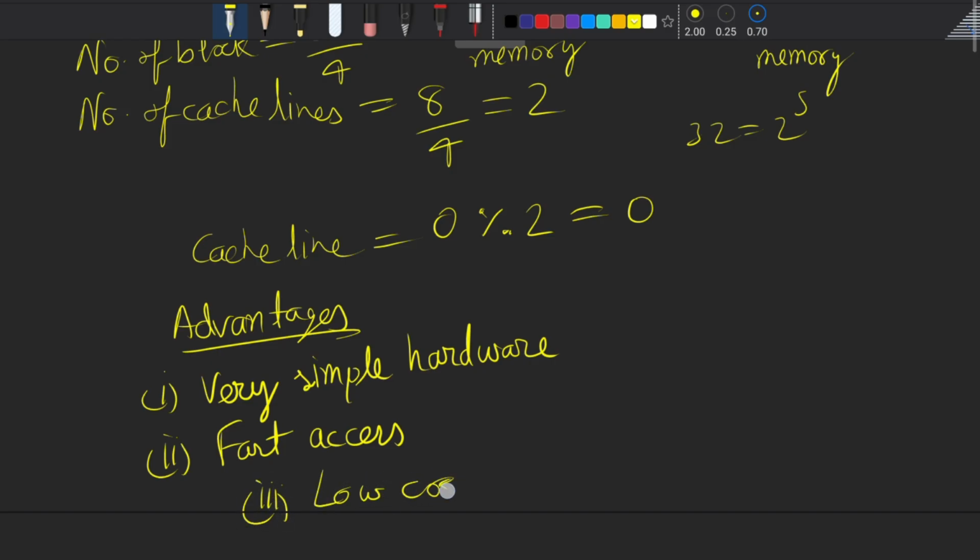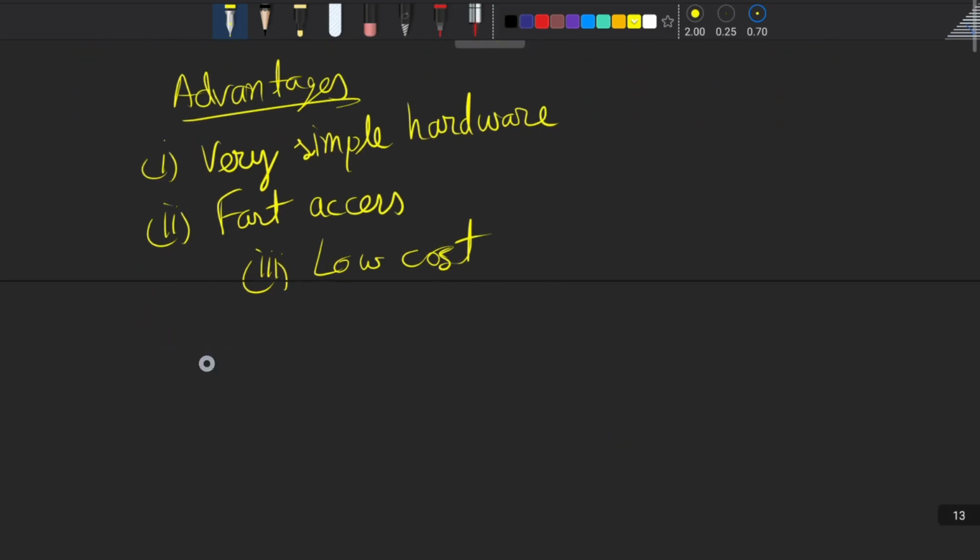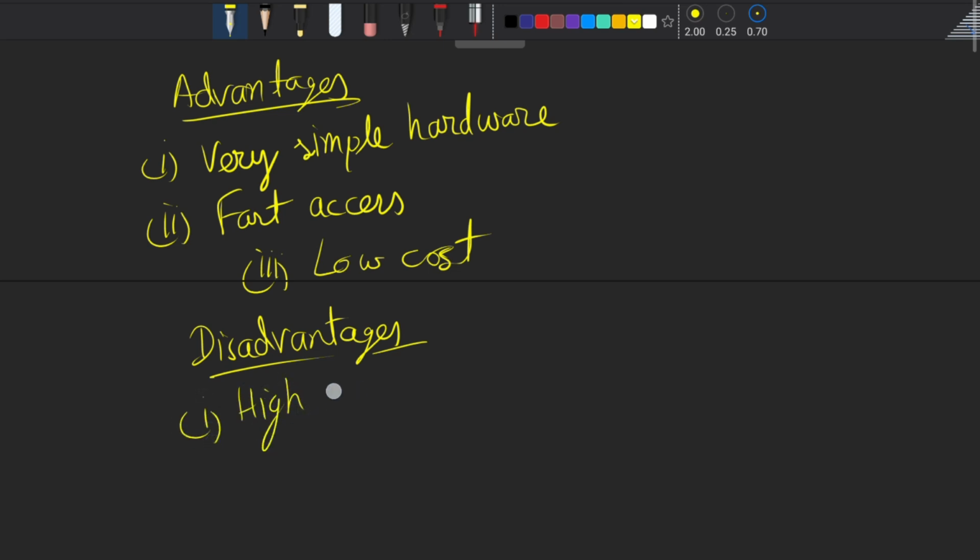And of course, as we have discussed, the disadvantages are high conflict misses, because each memory block is strictly mapped to a single cache line.